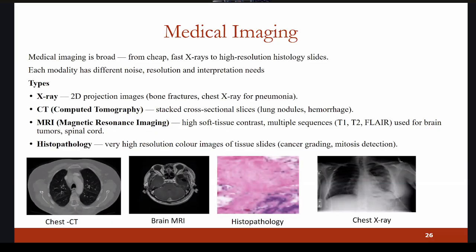Okay, so high resolution images are being used. So not all the models will be able to process high resolution images easily. You are supposed to train the model for days together in order to work with histopathology images. Similarly, MRI images have their own characteristics, CT images have their own characteristics, and the X-ray images are basic images.